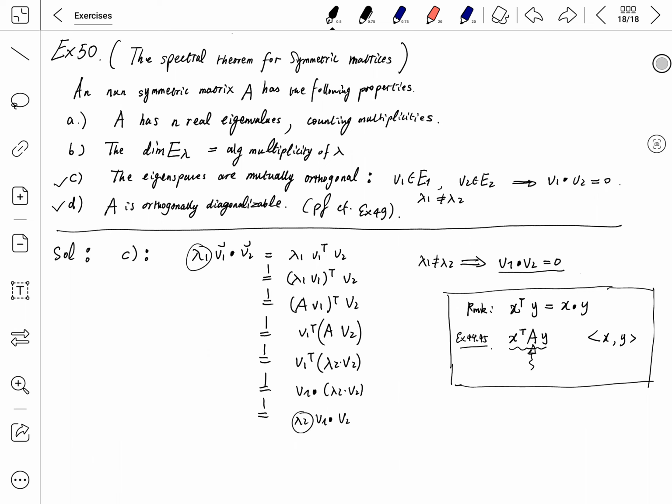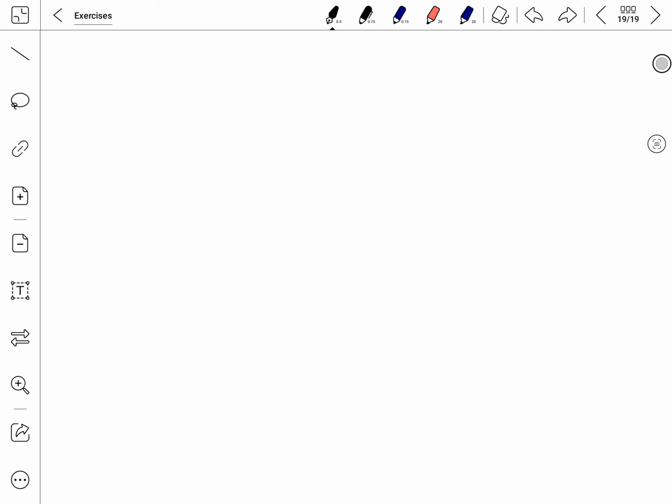So let's continue. How about A? Actually, recall that we have n complex eigenvalues counting multiplicity.